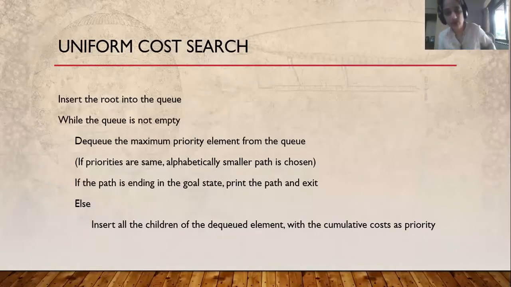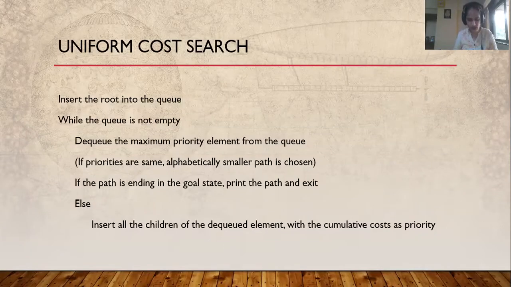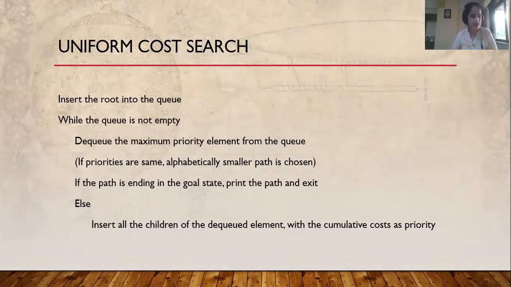So now what we see over here is: insert the root into the queue. We may use a data structure like a queue, while the queue is not empty. I think this is the same data structure that we used in breadth first search, but now there is some difference. Dequeue the maximum priority element from the queue.